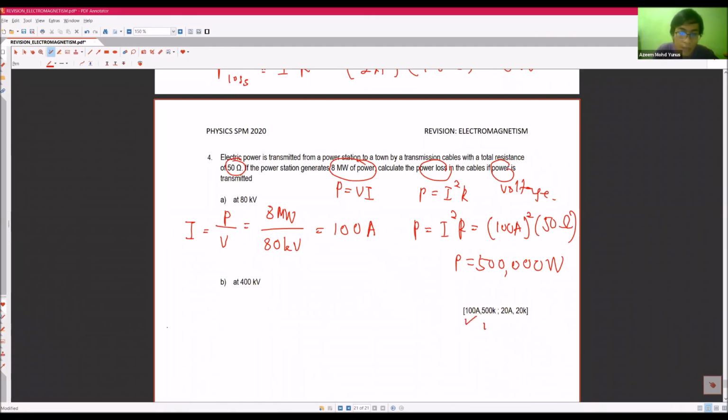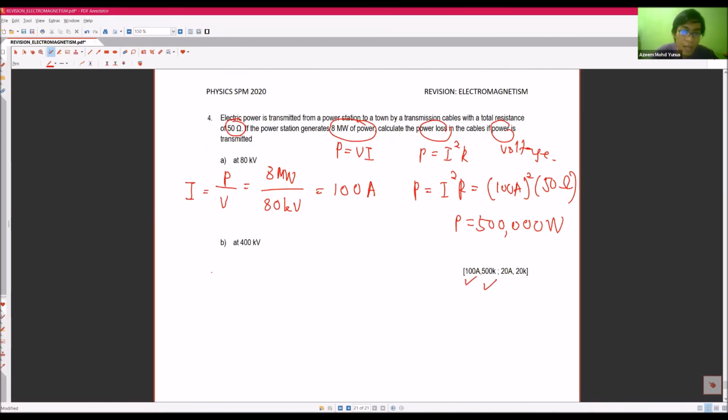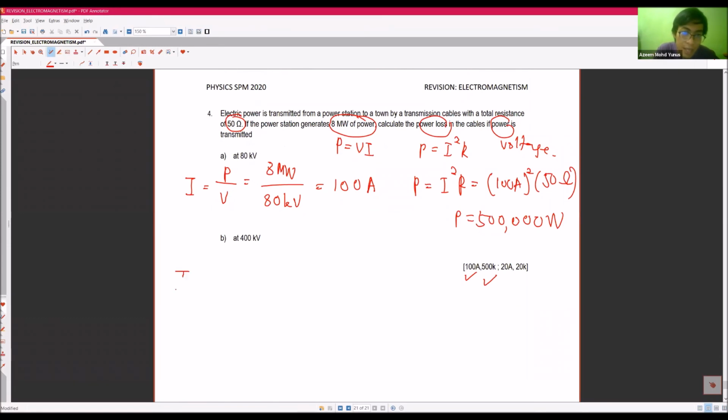Okay, 100 and 500. So let's do it at higher voltage. We can see that it's going to reduce the current significantly. So that is the point here. We need lower current. Remember that, because this is a very important question that is usually asked in paper 1.